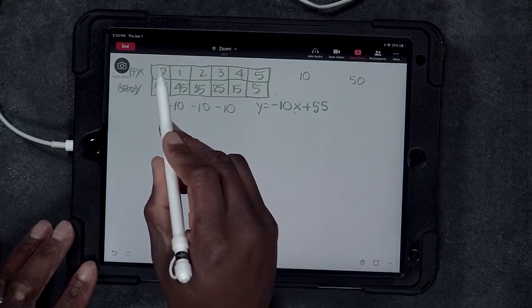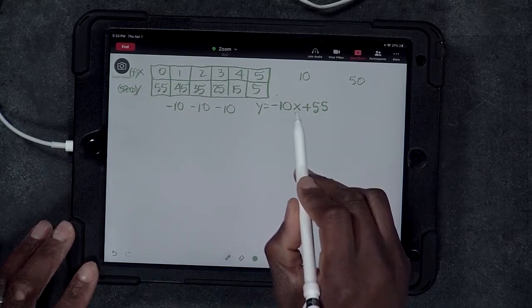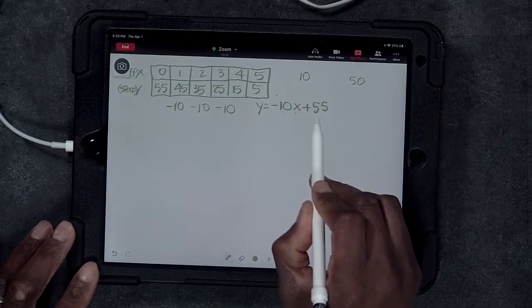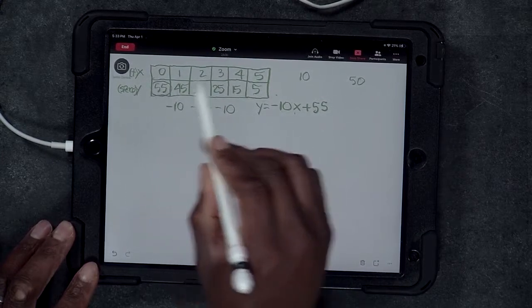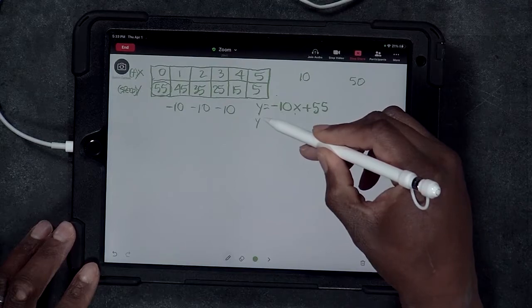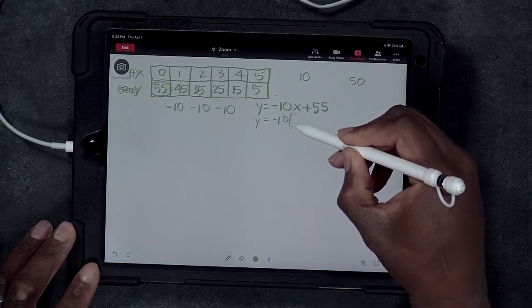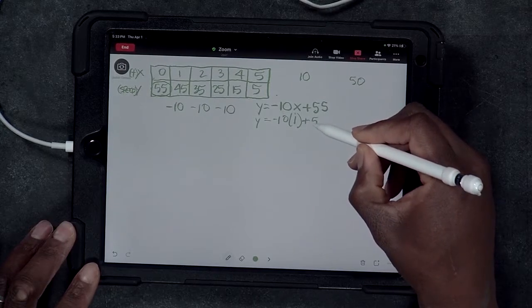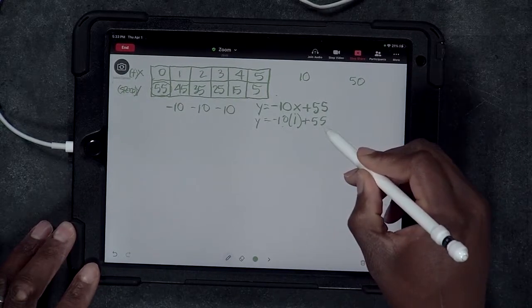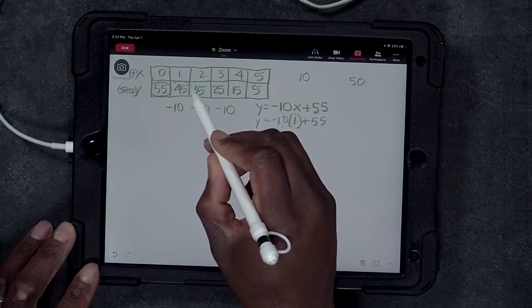So if we put in 0 now, we get negative 10 times 0 plus 55, which is 55. If we put in 1 here, negative 10 times 1, you end up with negative 10. You end up with negative 10 plus 55, which is 45.